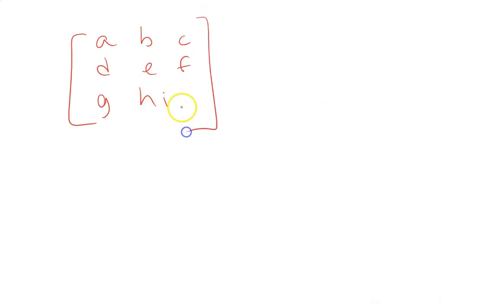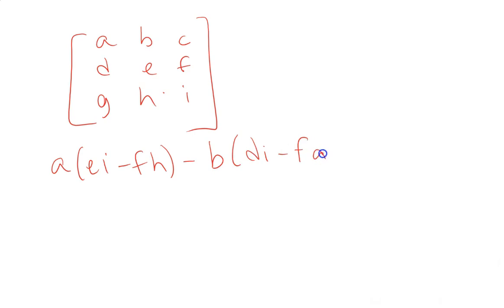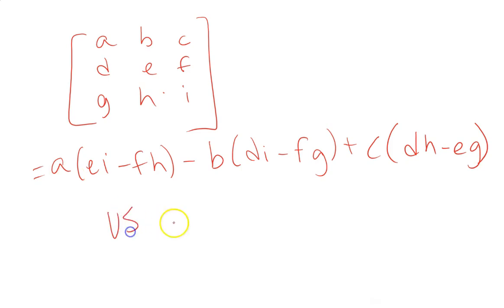If we have a 3x3 matrix, so we have A, B, C, D, E, F, G, H, I, to define the determinant, you're going to do A times EI minus FH, minus B times DI minus FG, I'm serious, plus C times DH minus EG. That's to define the determinant. So use your calculator.